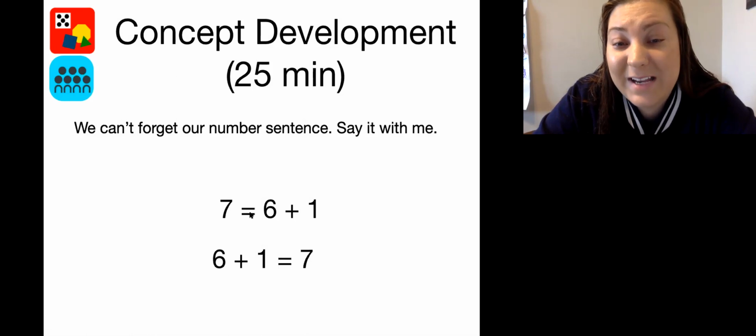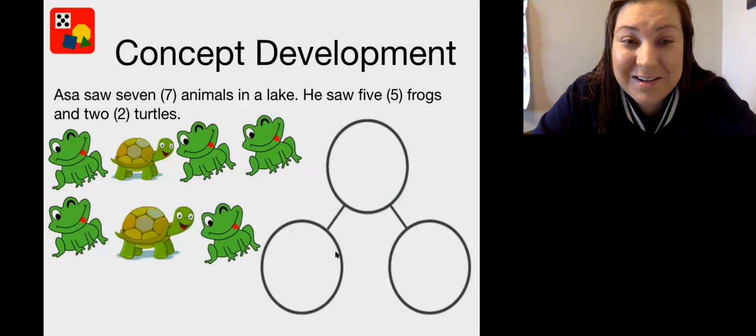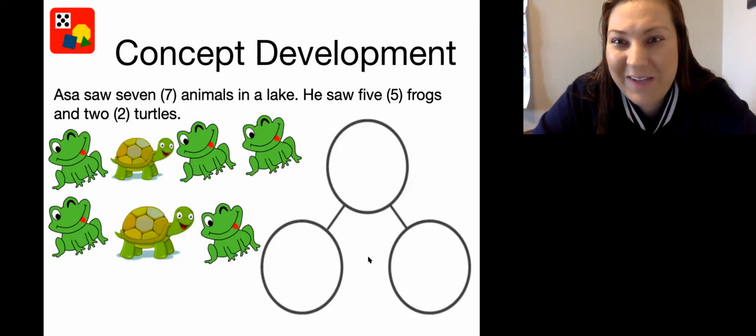Repeat that. 7 equals 6 and 1. Very good. We can also say 6 and 1 make 7. Your turn. 6 and 1 make 7.